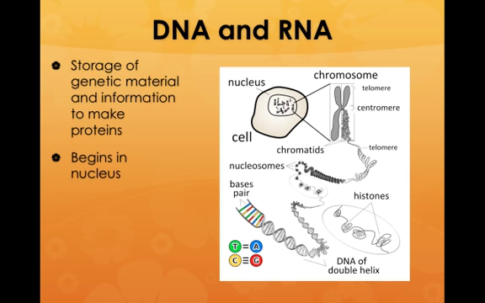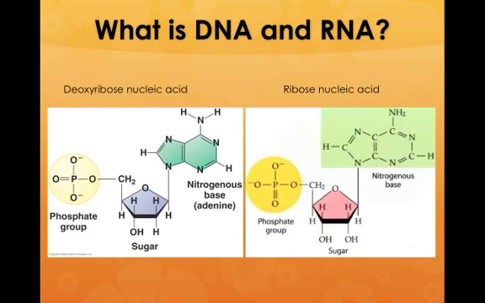So let's talk a little bit further about what DNA and RNA is. DNA is deoxyribose nucleic acid, and RNA is called ribose nucleic acid. So basically, DNA starts off with a sugar. In this case, it's called deoxyribose because on the second carbon, there's no oxygen.